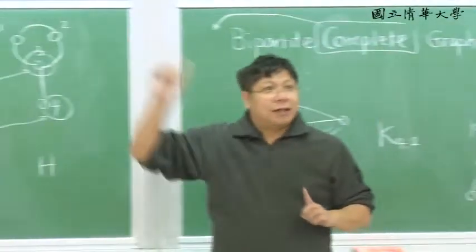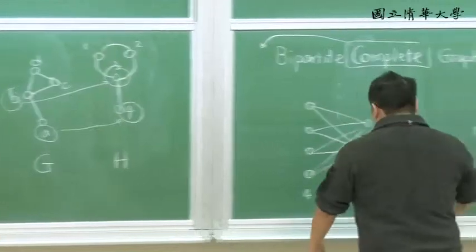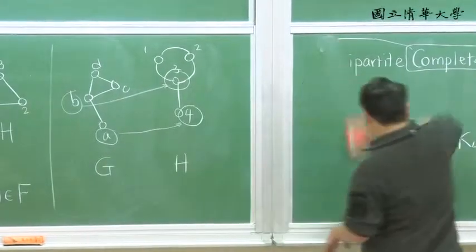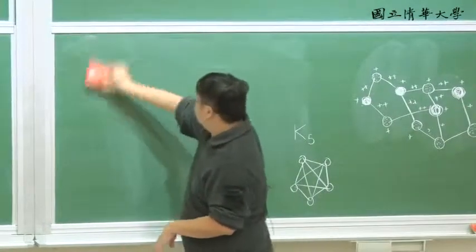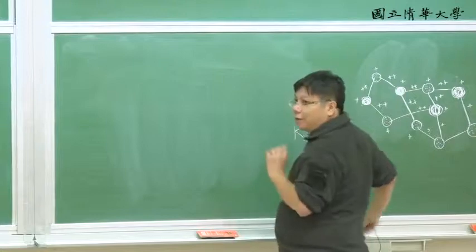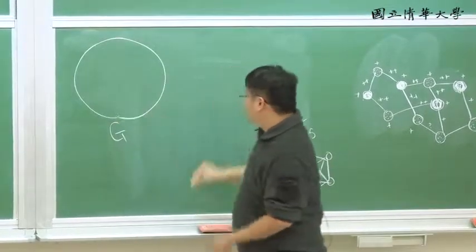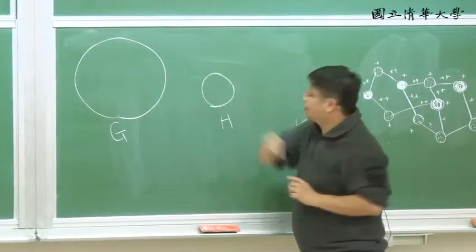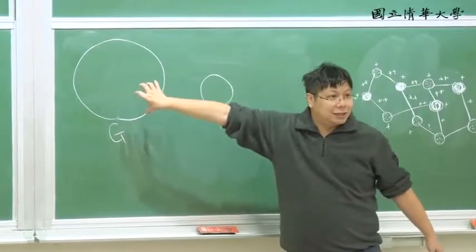we can define another problem called subgraph isomorphism. Subgraph isomorphism is like this. We have a graph G and we have a smaller graph H. Is it possible to find H inside G?